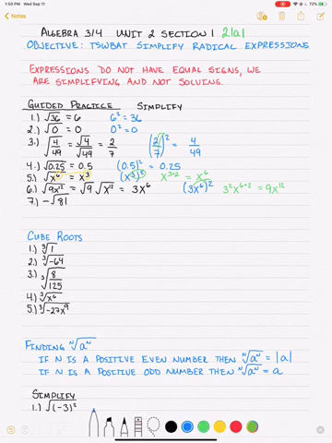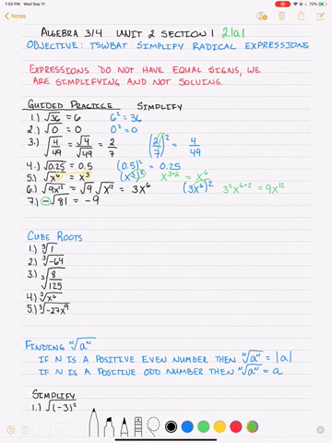Last up here we have the negative square root of 81. The negative is on the outside, and that's fine. If we look inside, I have the square root of 81, and I know that that is 9.